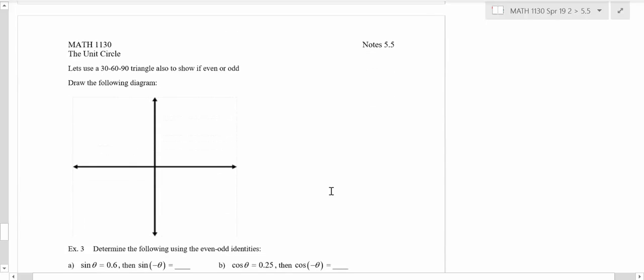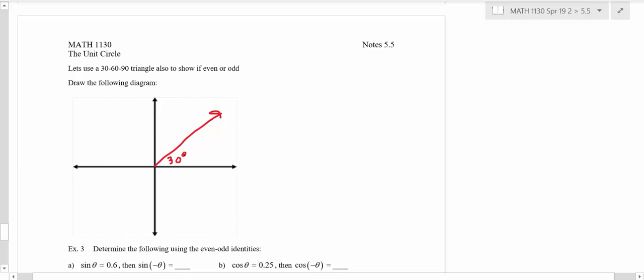Let's move on from here, and I want to work out a few other problems. I'd rather just show you a little bit different way. Let's draw a triangle, since we've learned the 30-60 triangle.